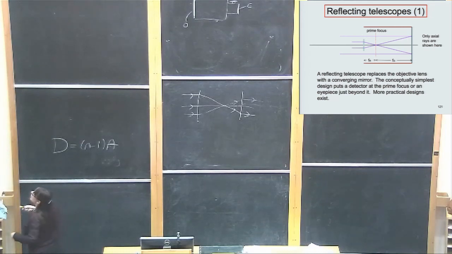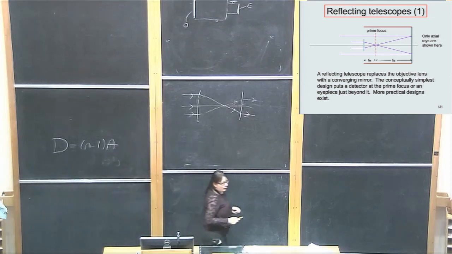We'll talk about more practical designs in a minute. Because, okay, having the observer here is going to block out a lot of light, so not something you really want. So the important thing, I think, to just realise is that this is really very similar to an astronomical telescope, right? You've got the mirror here reflecting the light, but then from here onwards, if you look sort of backwards, it looks exactly like an astronomical telescope anyway.